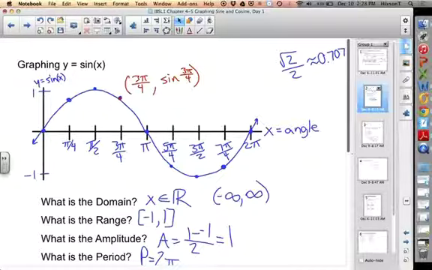You labeled that one wrong. That's negative 1, 0. That's why, and I think that threw off a couple of things as well.